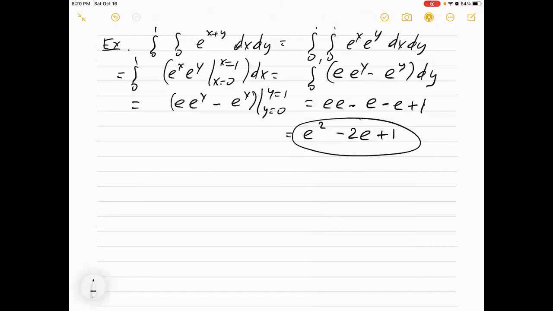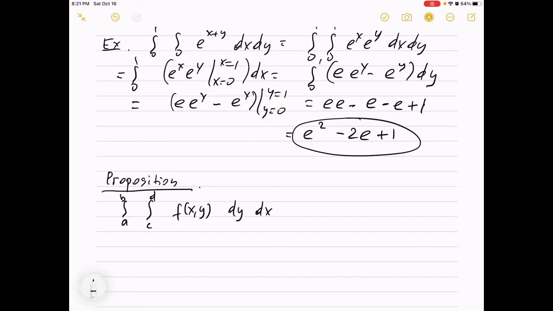A comment or proposition which I want to make is the following. When we integrate a function f of x, y, we do an iterated integral of it, then potentially we might have the integral from a to b dx and the integral c to d dy.